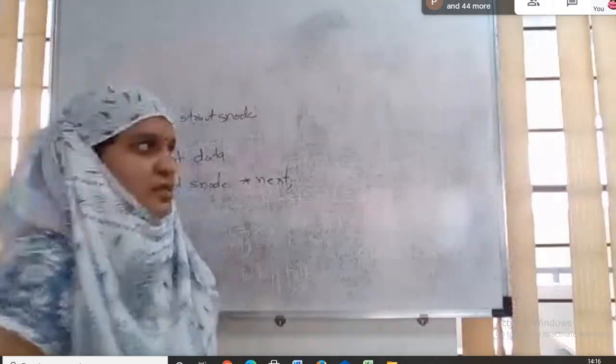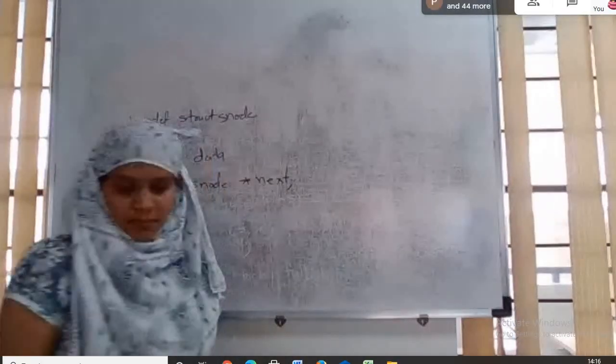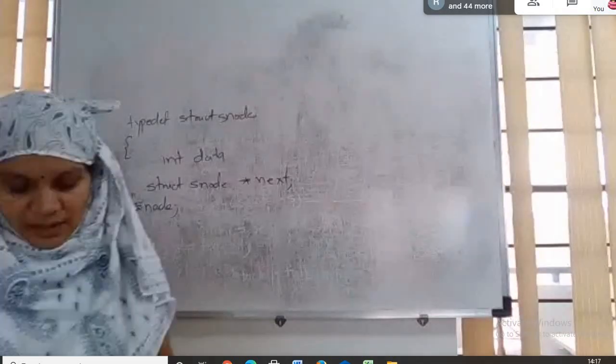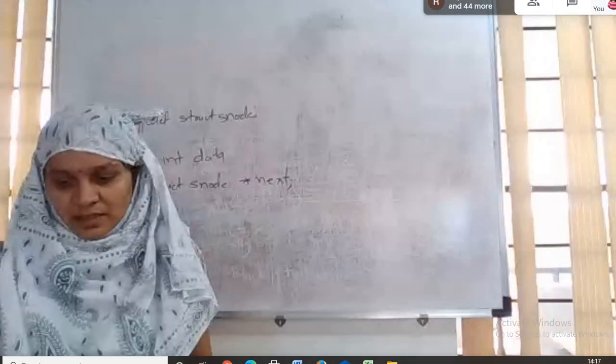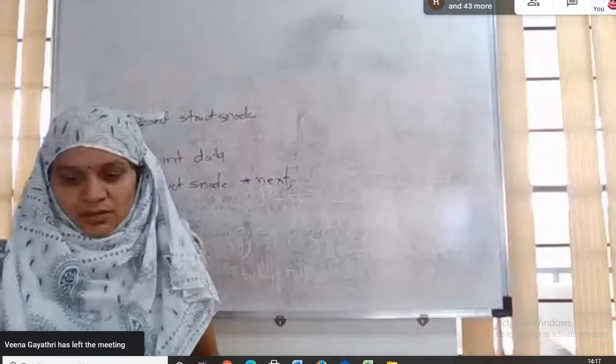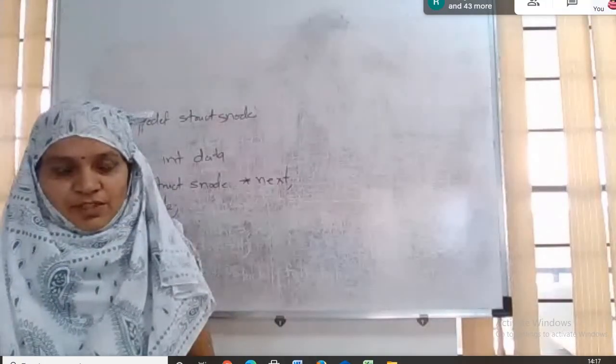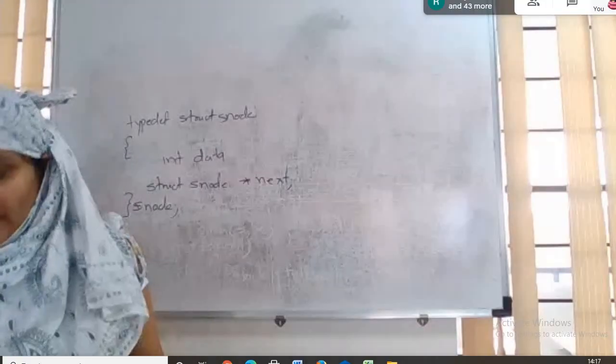So now suppose I have some parameters or some element that I want to insert in stack. So क्या करेंगे हम? First of all, we have to create the node.